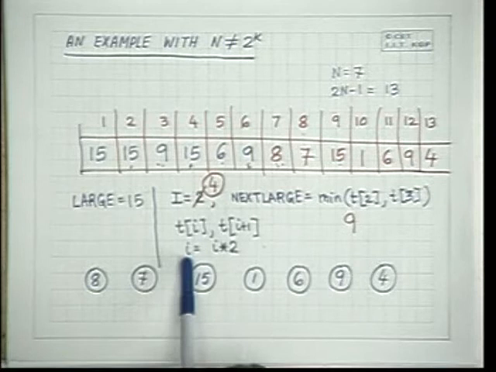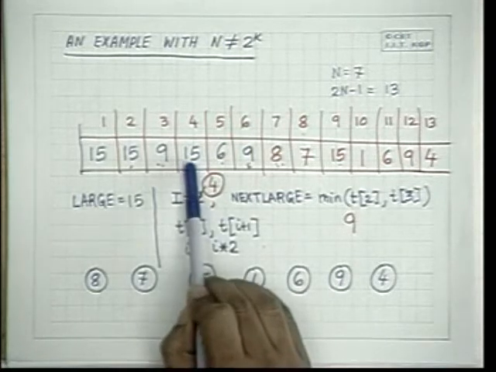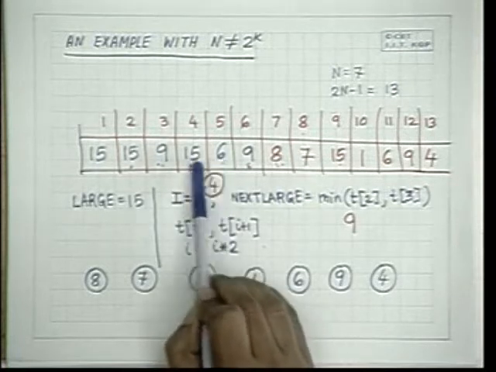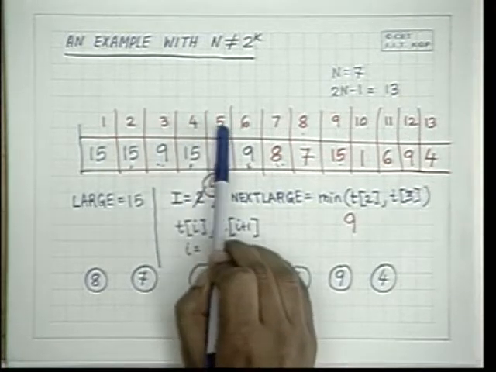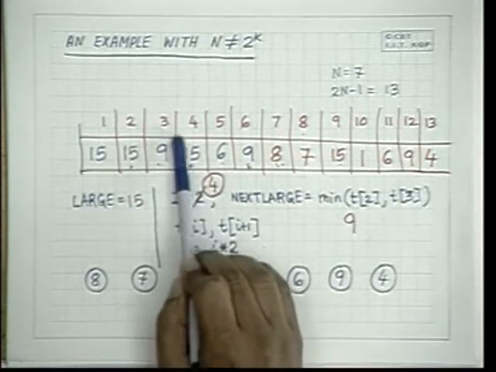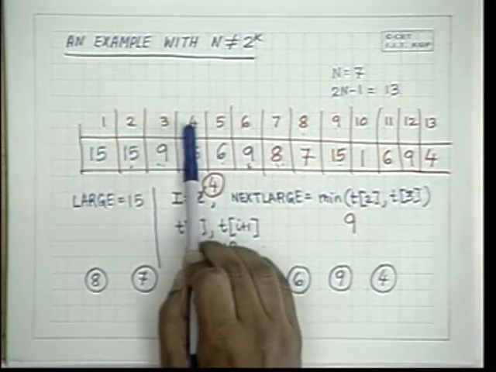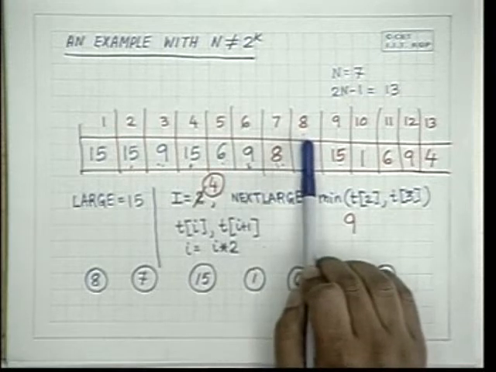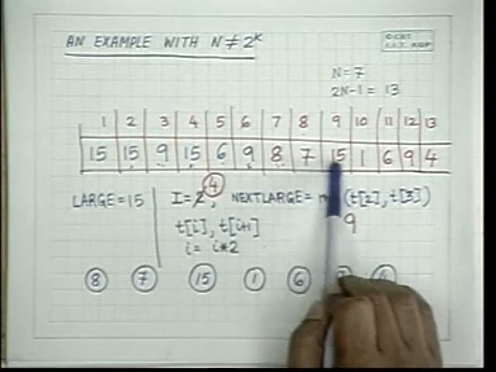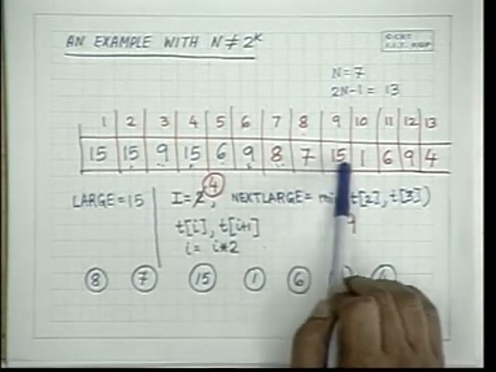Now again we are at I, and we will think of doubling up this index. So we are now at 4, and at index I and I plus 1, the larger of the two is here, which is the maximum element. So we double 4 and we come to 8. Therefore the larger of the two, that is the maximum element, must now be between 8 and 9.